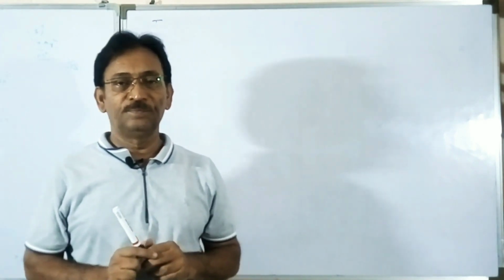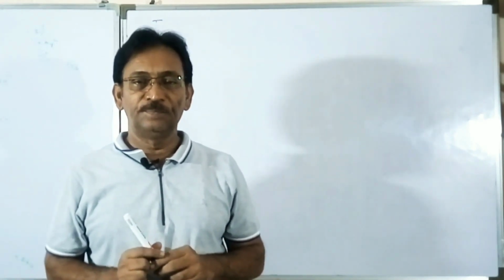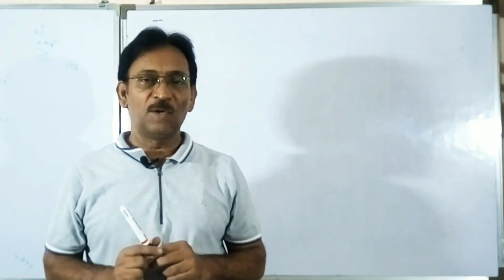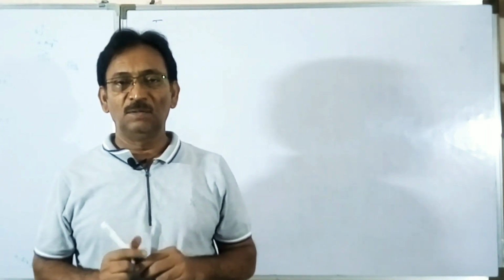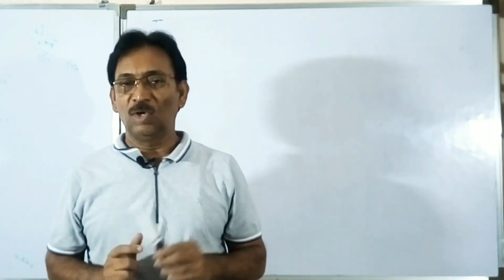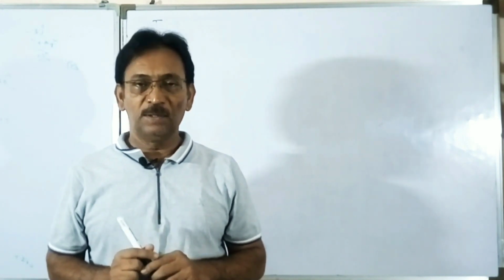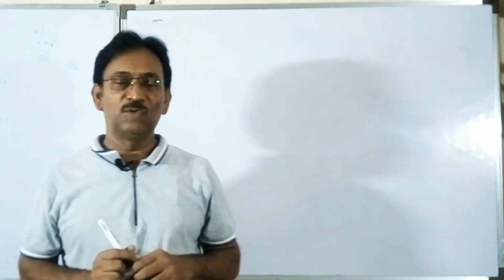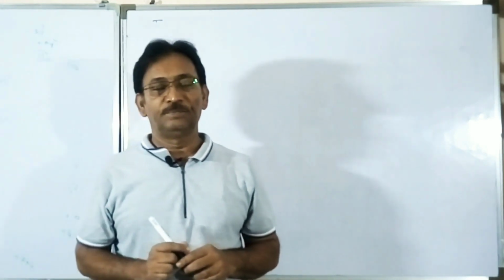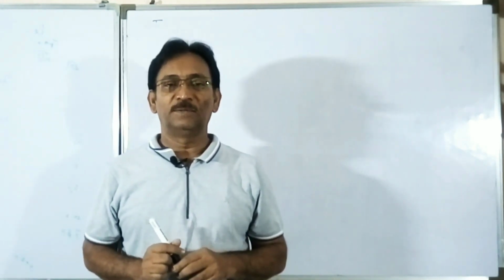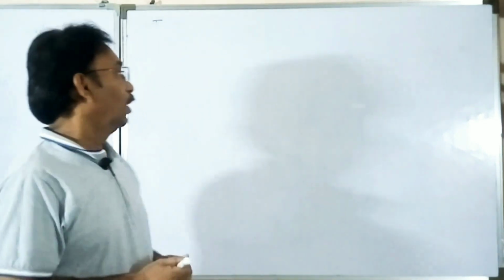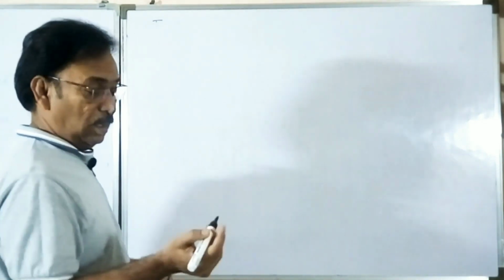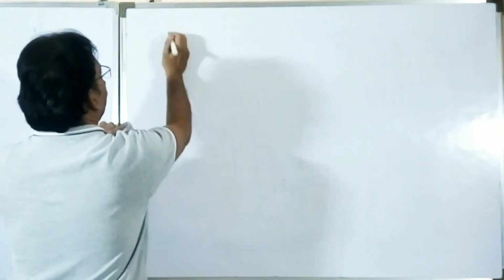And the second one is the cross product, and it is known as the vector product. First of all, we will learn about the dot product, that is the scalar product. In later videos, we will learn about the vector product. Now start with the dot product or scalar product.